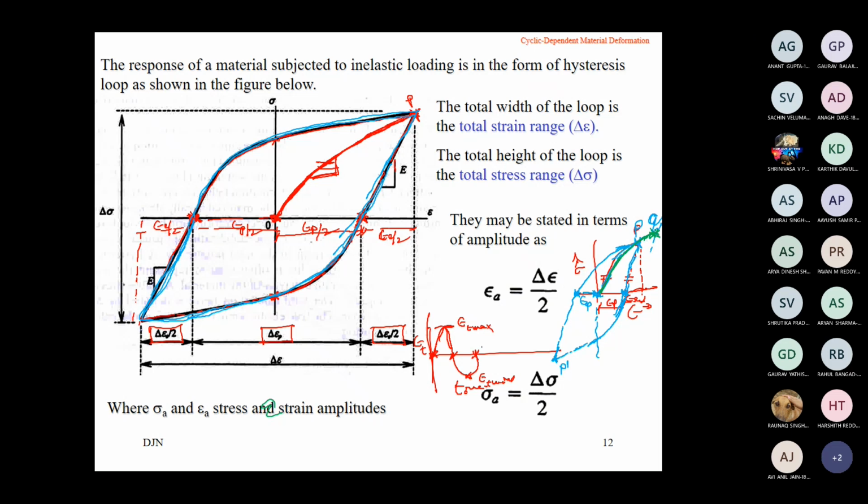Take a new specimen, load it up to point Q, unload it, then load it in the compression side, load it till it yields in the compression direction, take it back, you have the next hysteresis loop. Okay. If you are loading it till Q, then the hysteresis loop is as I have marked with the green color here. So like this, you can take n number of samples, multiple samples, okay.